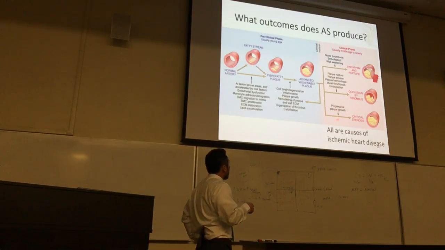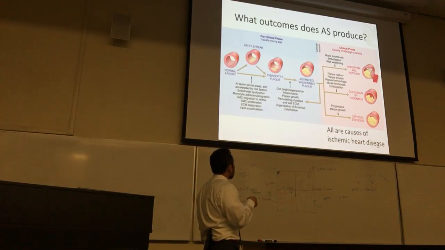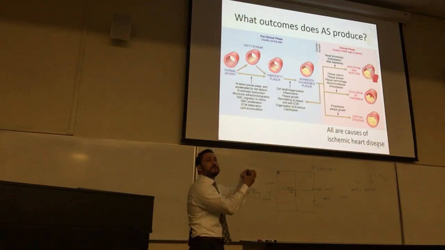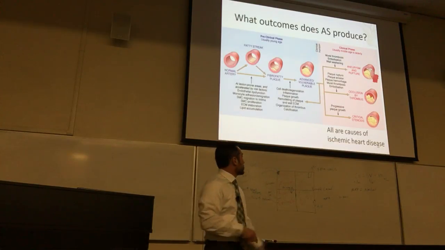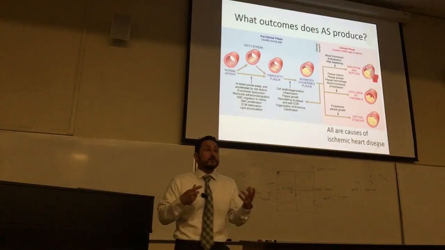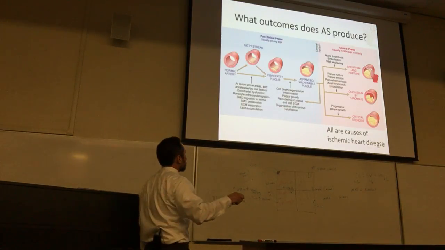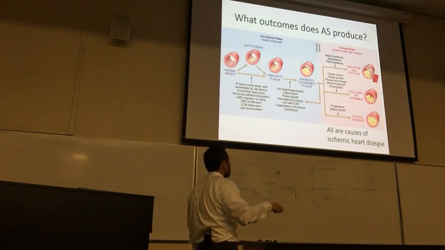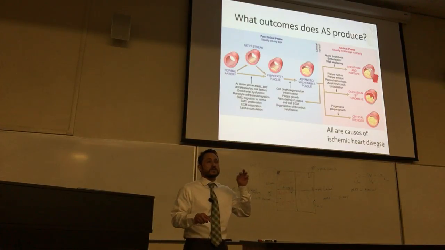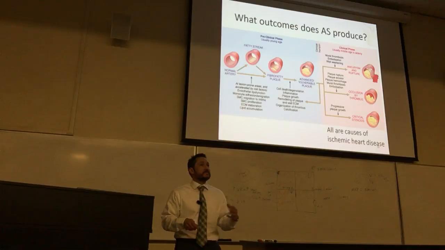Or the third outcome is this just continues to grow and eventually closes off, and you get complete stenosis or closure, and you have no patency any longer. All of these three situations can cause ischemic heart disease, and they do.